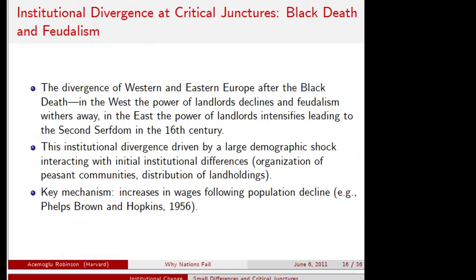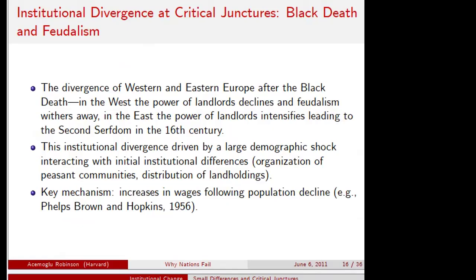The opposite happened in Eastern Europe. Eastern Europe had countries such as Poland, Prussia, Russia, Bohemia. So in these four to five countries, which make up Eastern Europe, this shock had the exact opposite response.